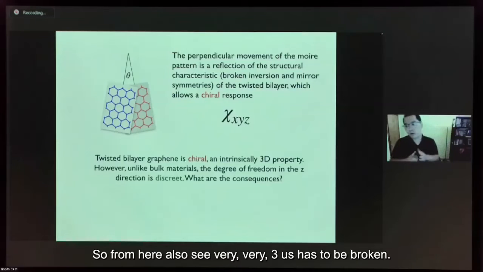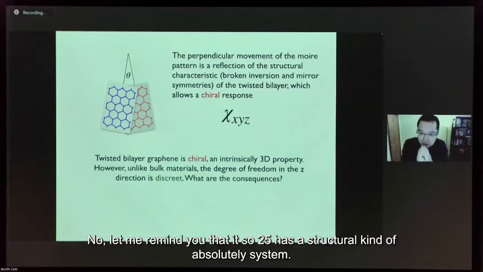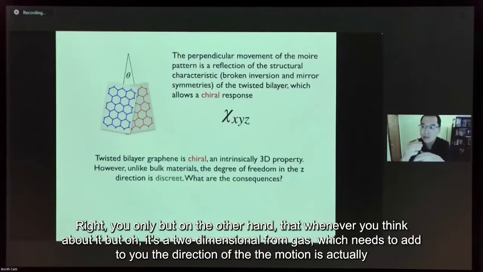Now, let me remind you that to qualify as structurally chiral, it has to be regarded as a three-dimensional system. Because if you only break mirror x and mirror y, it will not qualify as chiral. But on the other hand, whenever you think about van der Waals structures, you always think, oh, it's a two-dimensional electron gas, which means that in the z direction, the motion is strictly quantized.